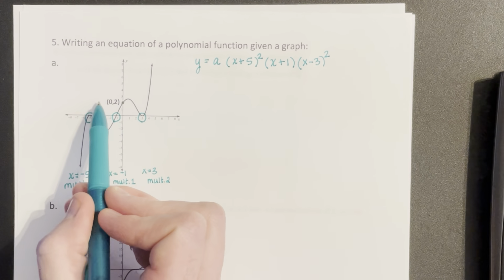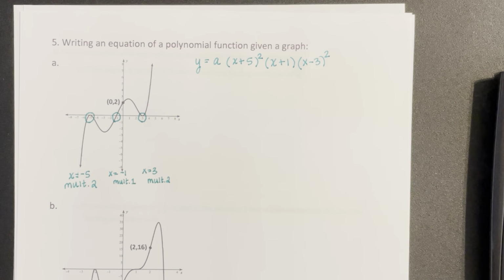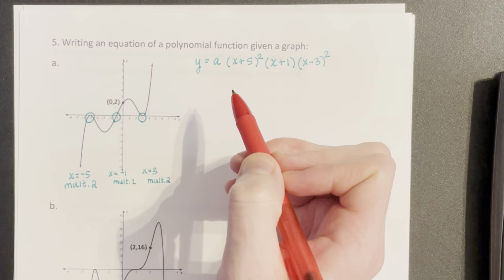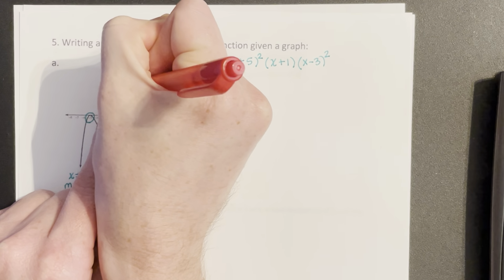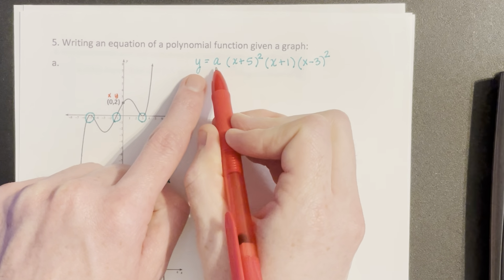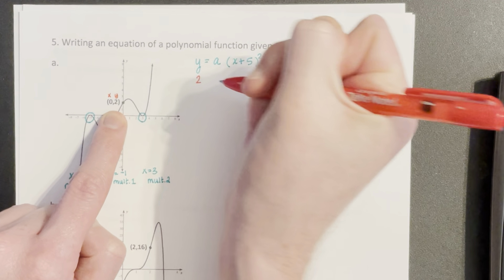We know that it goes through the point 0, 2. Anytime we're given a point, we can then figure out what that a value would be. So if it is 0, 2, that's an x of 0 and a y of 2, I can plug those in and find out the missing value a. So y is 2, I'm going to plug that in here.